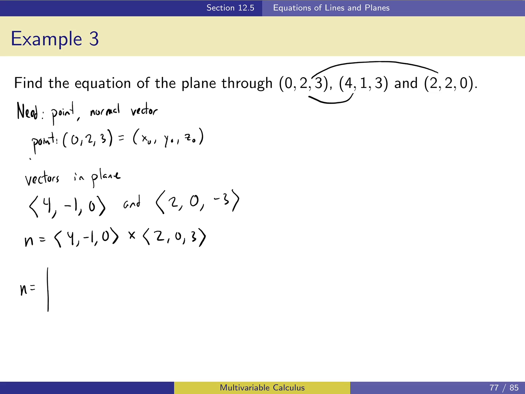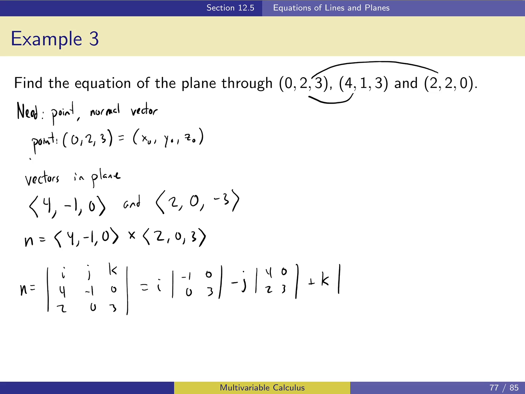N equals the determinant: i, j, k; 4, -1, 0; 2, 0, -3. So this is i times the determinant of -1, 0, 0, -3, minus j times the determinant of 4, 0, 2, -3, plus k times the determinant of 4, -1, 2, 0.